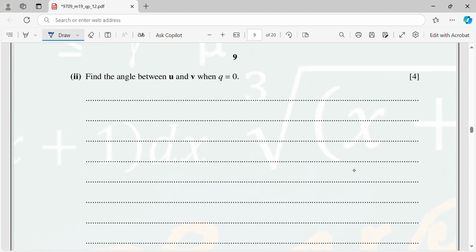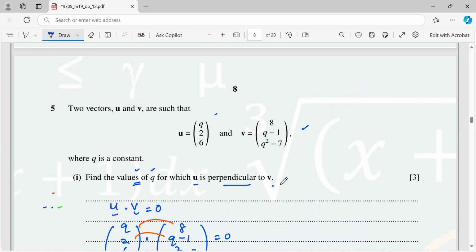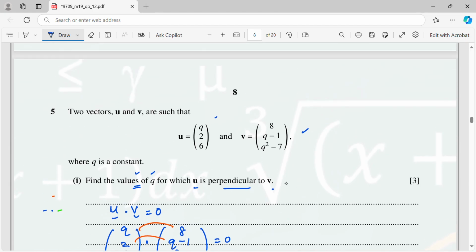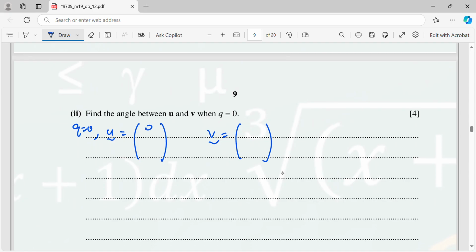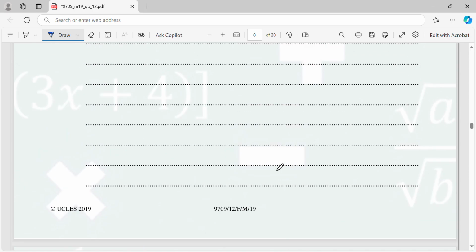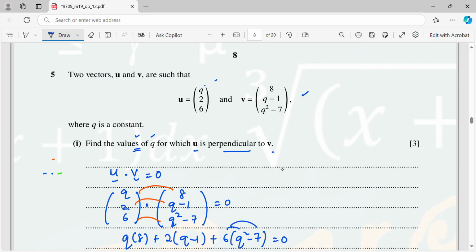Now find the angle between u and v where q equals 0. So now I need to rewrite my u and v when q equals 0. So q equals 0 means your u is (0, 2, 6). And the v will be (8, minus 1, minus 7).